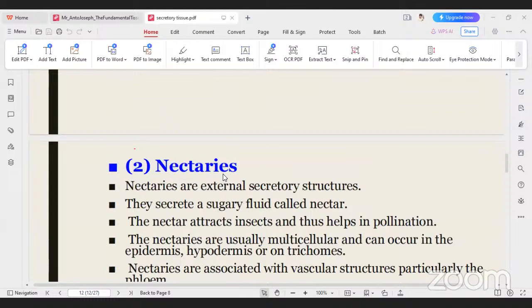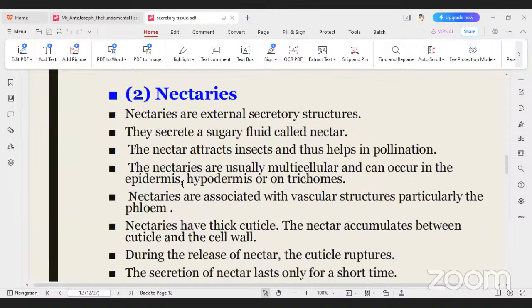And the next type of external secretory tissue is the nectary. These are also external structures, they secrete sugary fluid called nectar. Already you know the nectar, how honey is prepared from flowers. The function of nectar is to attract the insects, thus helping in pollination.